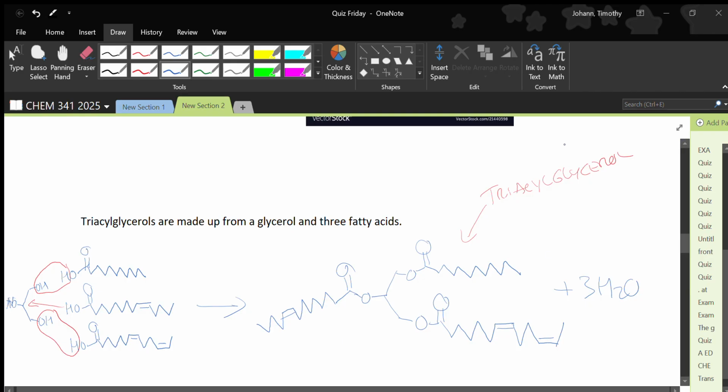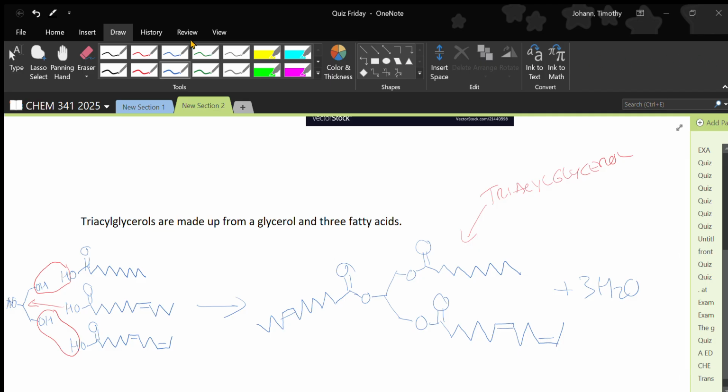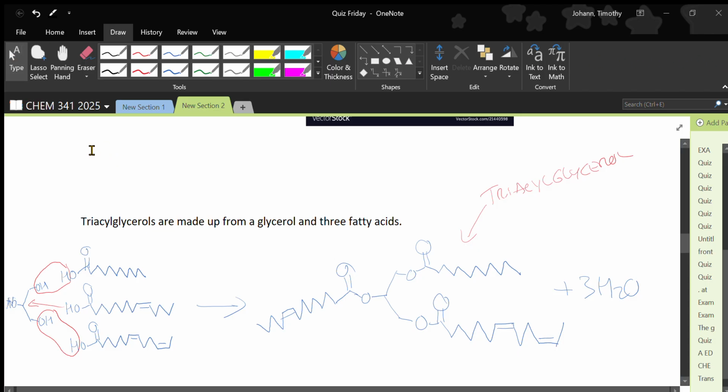So triacylglycerols have a few different roles. Actually, they really have only one role. Sorry. Triacylglycerols here are going to be energy storage.